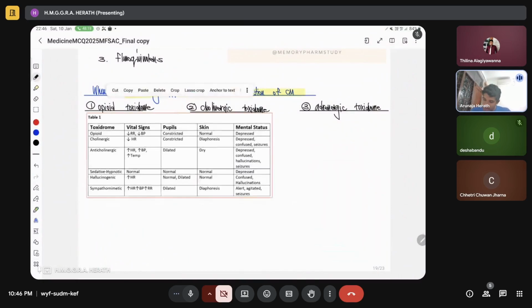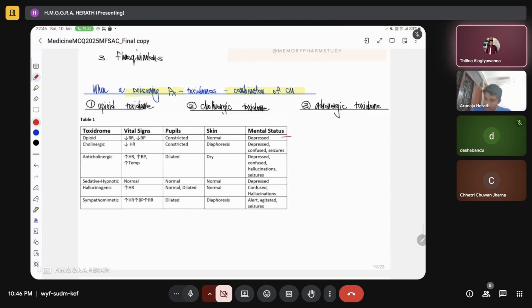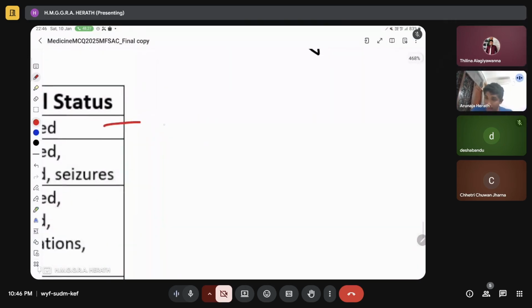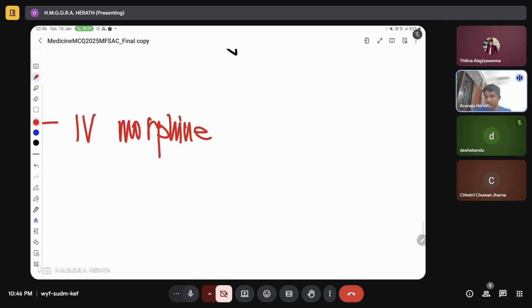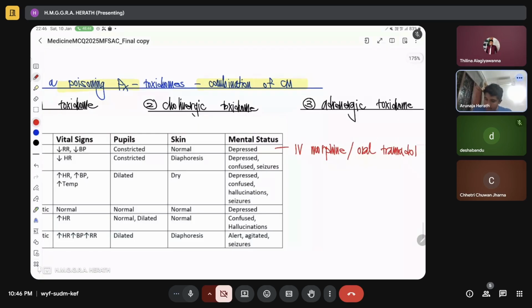So opioid toxidrome, what are the drugs that cause opioid toxidrome? Yeah, IV morphine. In Sri Lanka, what is the commonest drug? Oral tramadol. Yeah. Pethidine is a weak opioid.